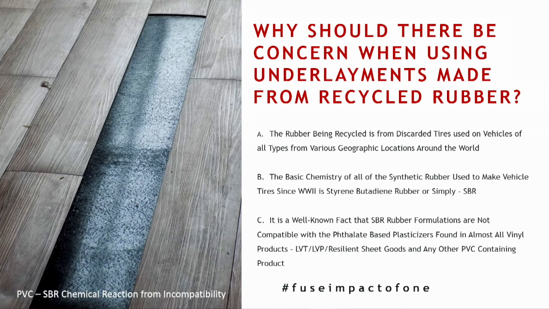It's a well-known fact that SBR rubber formulations, anything with an SBR rubber chemical backbone, are not compatible with the phthalate plasticizers found in almost all vinyl products. That's LVT, LVP, resilient sheet goods, any other PVC containing product has a potential issue when you put it in contact with a material made basically from recycled SBR rubber.